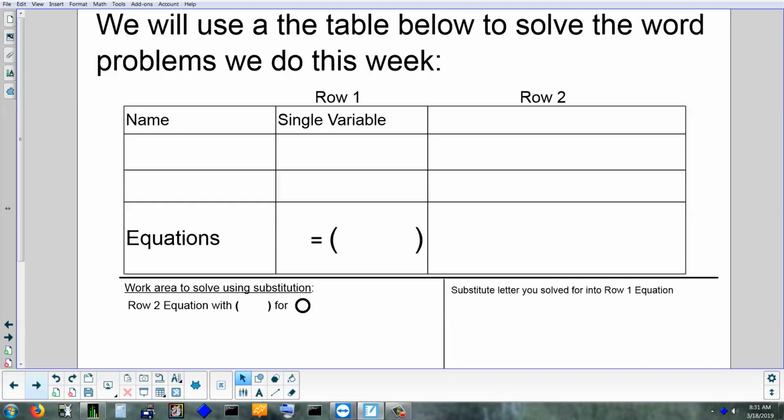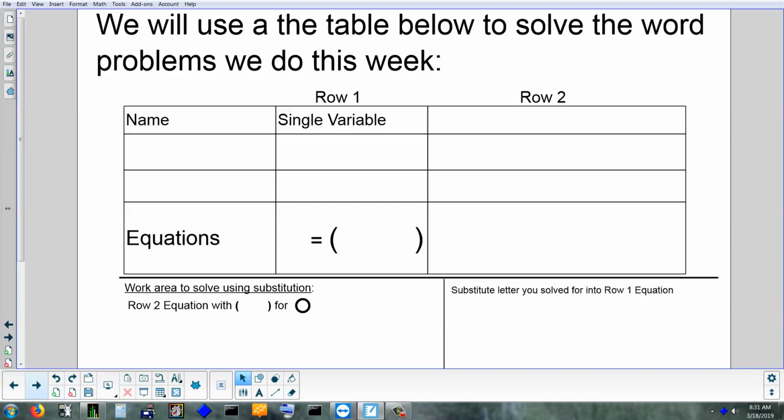But for today, where it says name, whatever person's name they're talking about in the problem, we'll put them there. And like Mr. Hager said too, people ask if we're going to use X and Y or whatever. For this, if we can, 90% of the time, we're just going to use the first letter of that person's name to represent them. That way there's no confusion about who was X, who was Y. So we'll just use the first letter of their name. All right? This first row, whoever the person is.